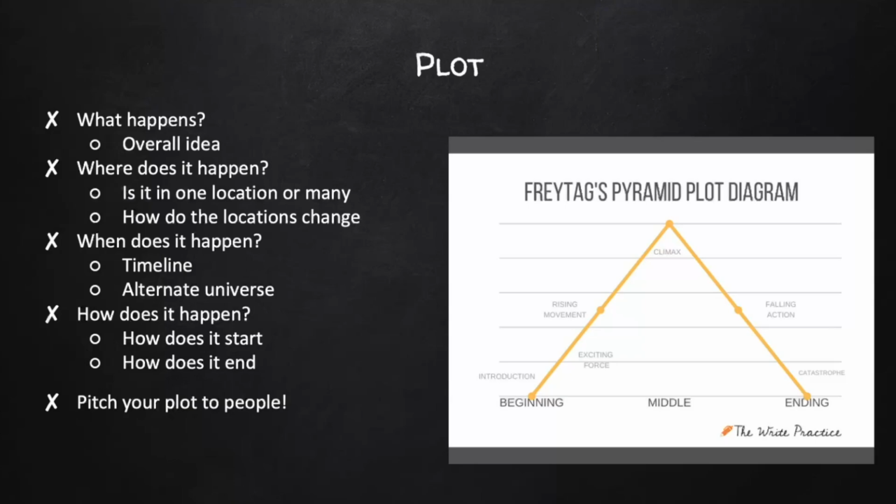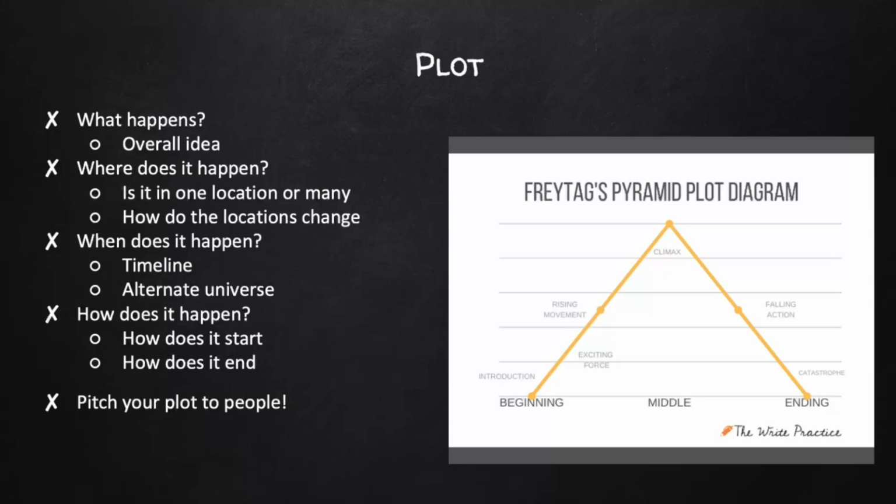When does it happen? That'll be the timeline, maybe the order of events. You can think of Memento by Christopher Nolan, a movie that's kind of half in reverse. Pulp Fiction has a few different stories strung together, non-linear. You could have alternate universes.